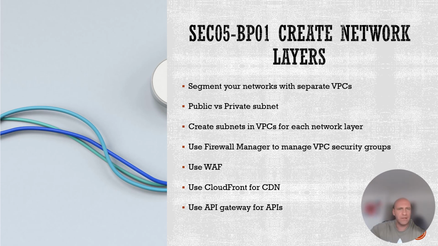Traffic between Amazon Virtual Private Cloud and Transit Gateway remains on the AWS private network, which reduces the external exposure to unauthorized users and potential security issues. Transit Gateway inter-region peering also encrypts inter-region traffic with no single point of failure or bandwidth bottleneck. So we can use some of these features to make sure that we're creating layers.